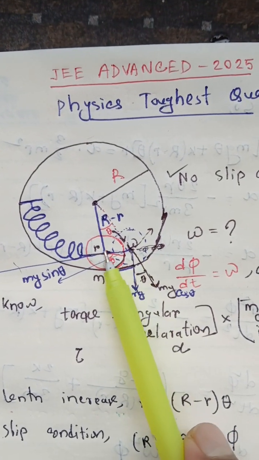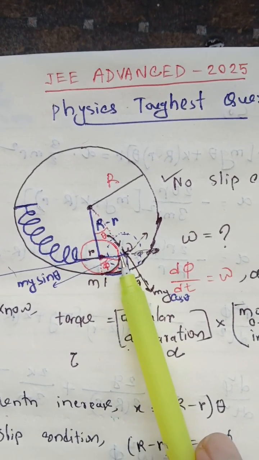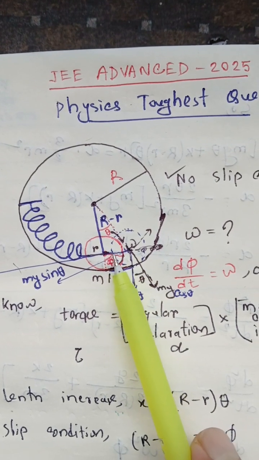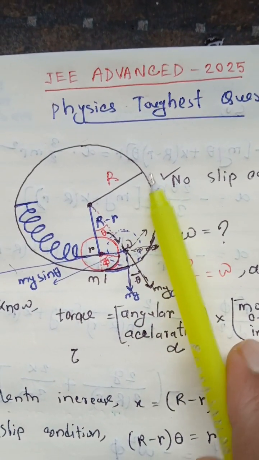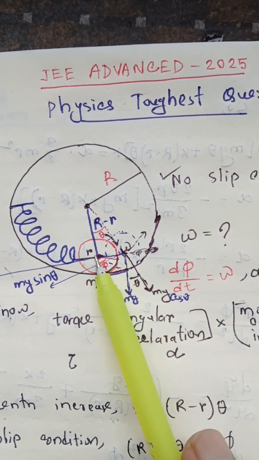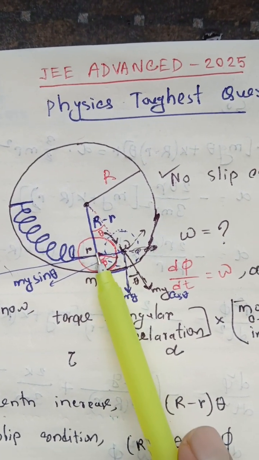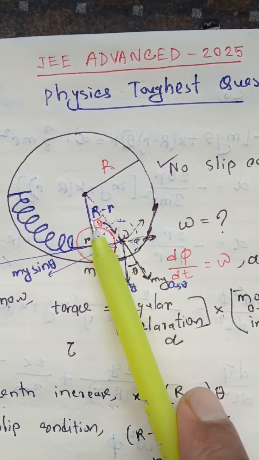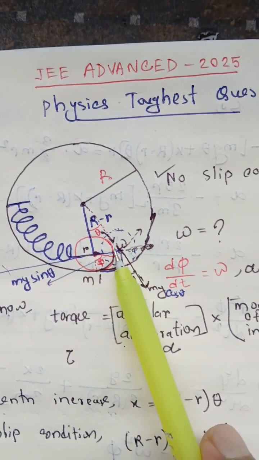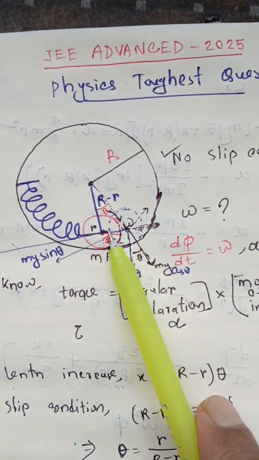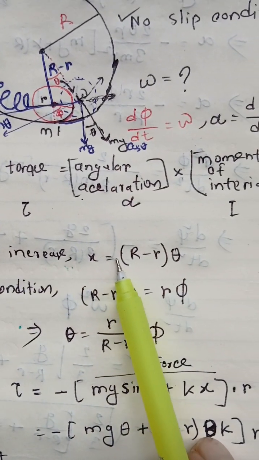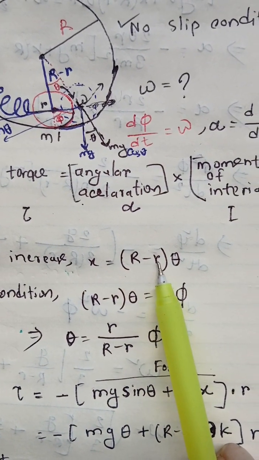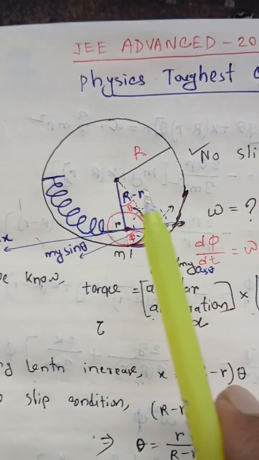This is the arc of a circle, and the radius is R minus r, because the big radius is R and the small radius is r. So s equals r theta, we apply this formula and find the spring length increase x equal to (R minus r) times theta.